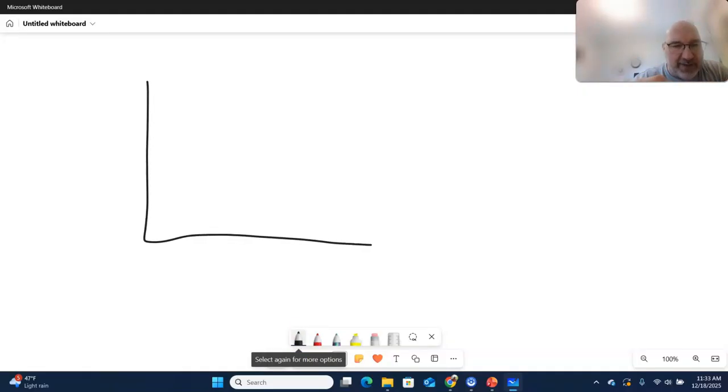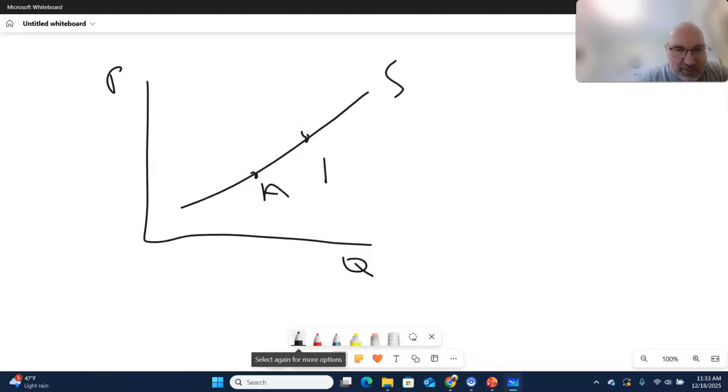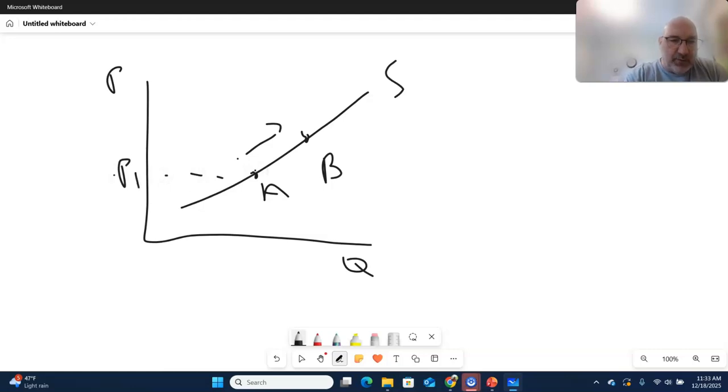All right. So if we have that, we've got an upward sloping supply curve. We've got price here, I've got quantity here, right? So if I have 2 points, we'll call them A and B. If I move from A to B, I've got P1 and P2, Q1 and Q2.